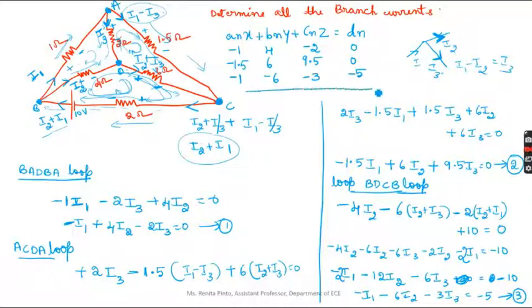So I am going to substitute this in the scientific calculator. While I substitute this, I will get the answers for I1, I2 and I3. So I1 I will get as 2 amps.